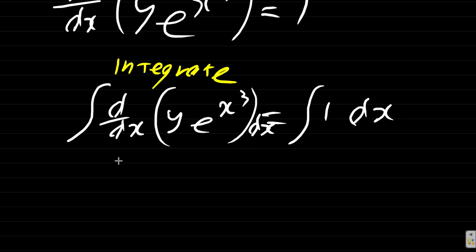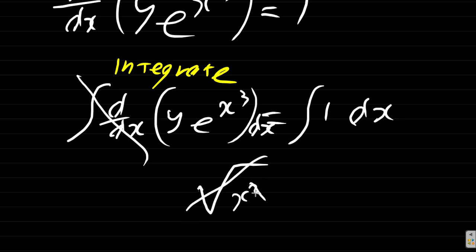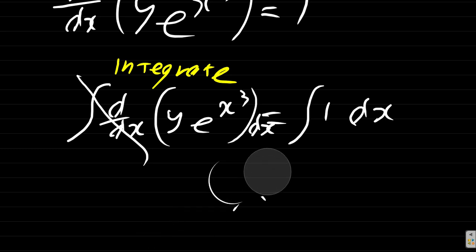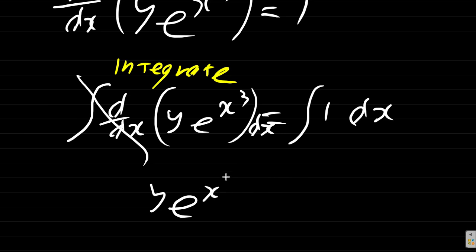So let's see what happened here. When you integrate a derivative, it's as if the integral and derivative just cancel out each other, leaving the function undisturbed. It's like the square root of x squared: the square and square root cancel each other, leaving x alone. So what you have is y e to the x cube equals, when you integrate 1 with respect to x, you get x, and then you put your constant of integration here.